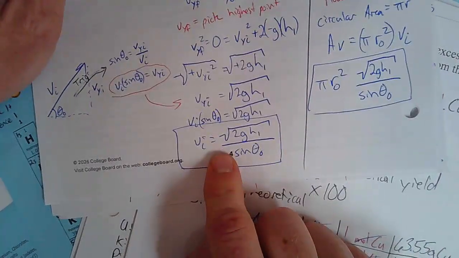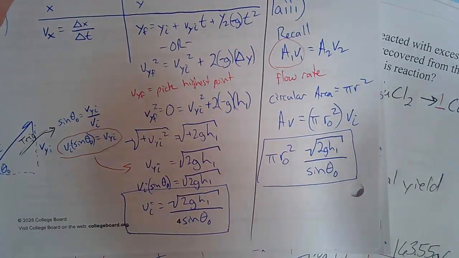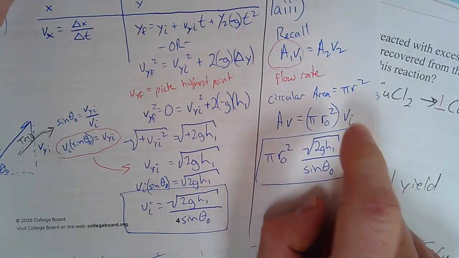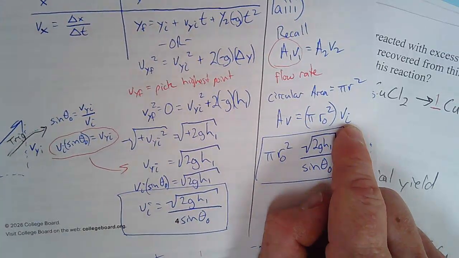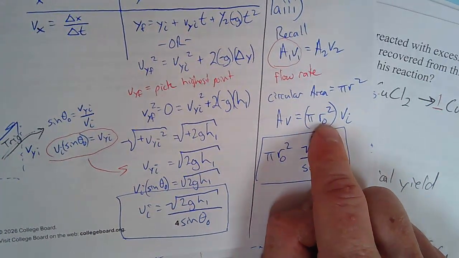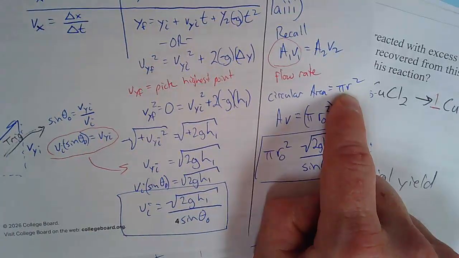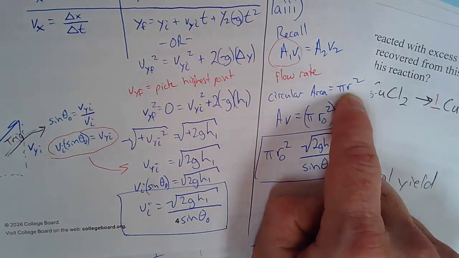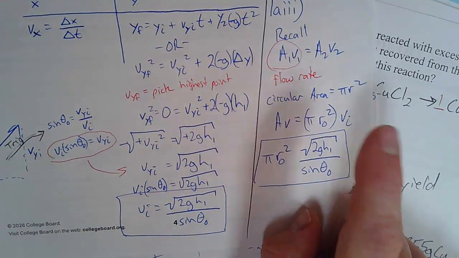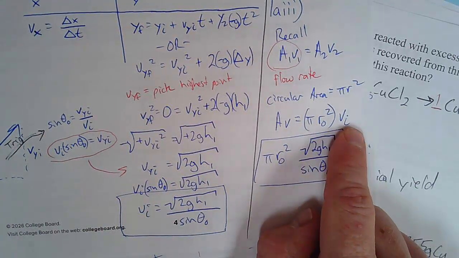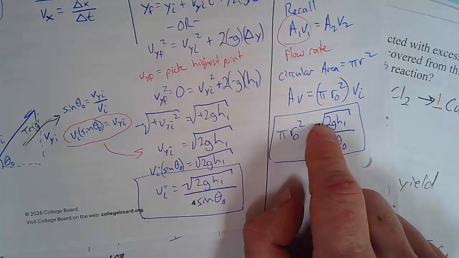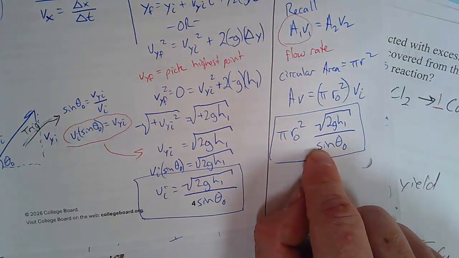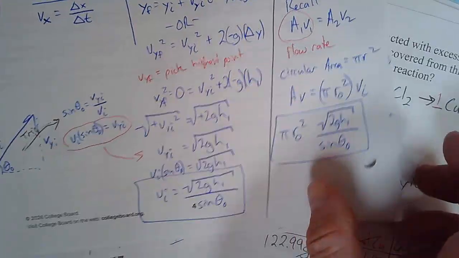And if you didn't get a velocity over here, you probably should have said this still, is you need to multiply the area times the velocity, and they called that radius r0. Remember, the area of a circle is pi r squared. So we take that area and multiply it times the velocity that we solved for over here. So it's just pi r0 squared times the square root of 2gh1 over sine of theta 0. So there you go.